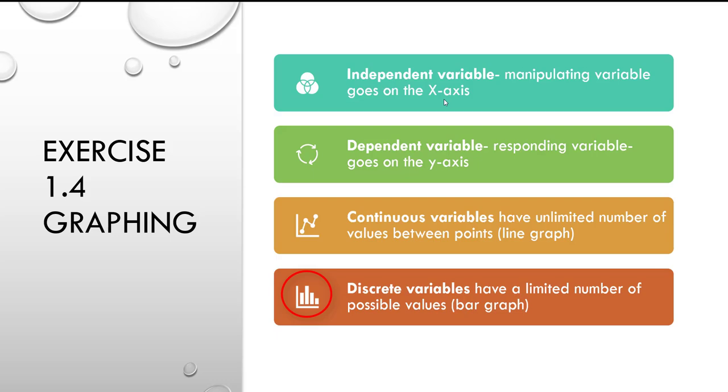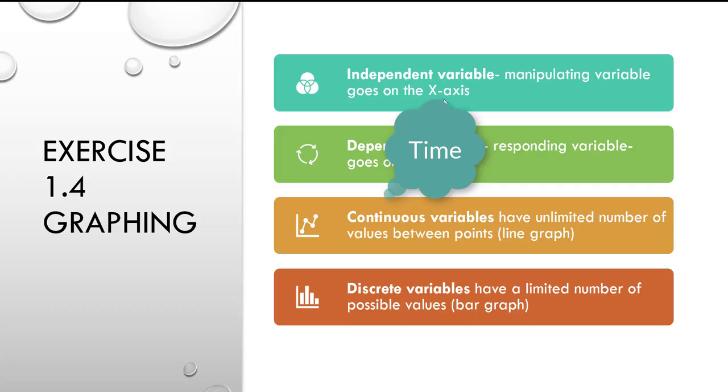Okay. So a continuous variable means that there's unlimited numbers between the values. So for example, if my independent variable is time, well, time is continuous, right?